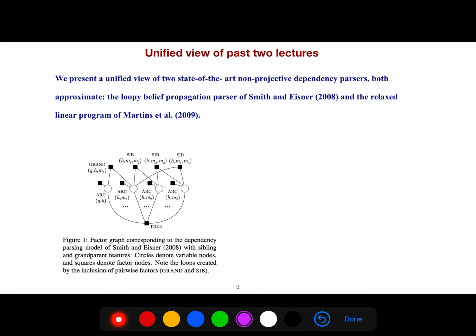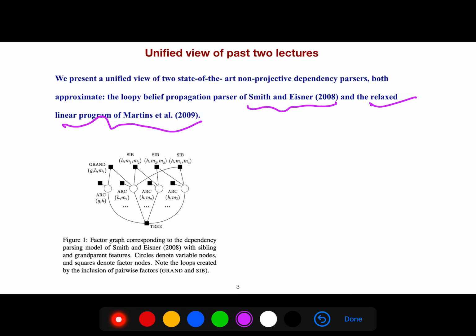We present a unified view of two state-of-the-art non-projective dependency parsers. I explained this in one of our lectures, and I explained relaxed linear program in another lecture. So now this is a unification of these two lectures. This paper is about that.